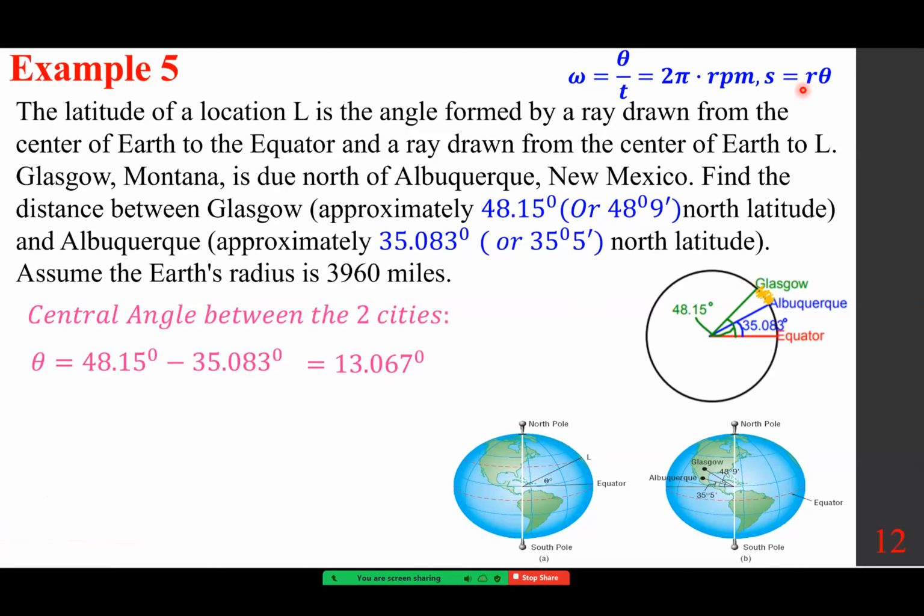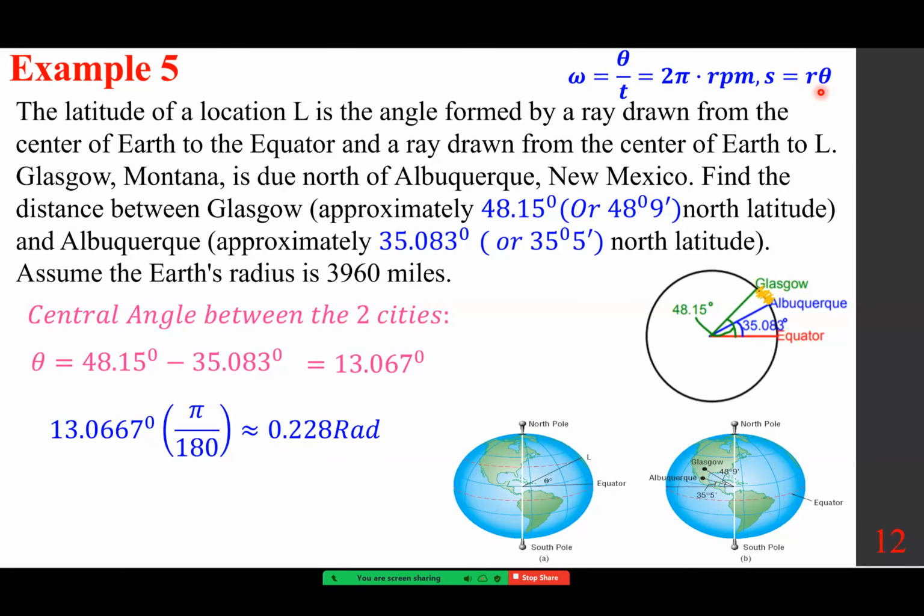Therefore, we want S equals R theta, which means we're going to change this to a radian. In other words, times pi over 180, and then times the radius of the Earth, which is given. So first we change this to a radian by multiplication by pi over 180.